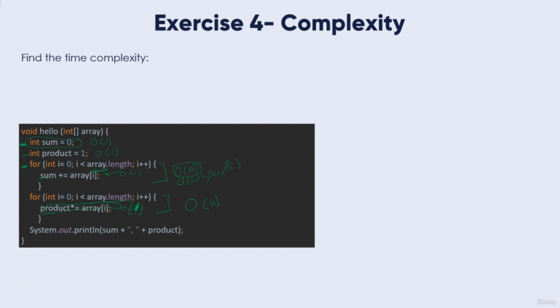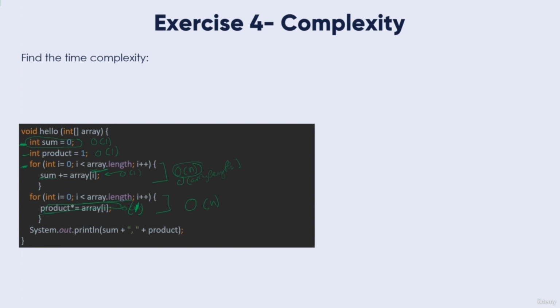This is the notation, and this is what we mean by n. Array.length is n, so we are doing a product operation from 0 to array length.